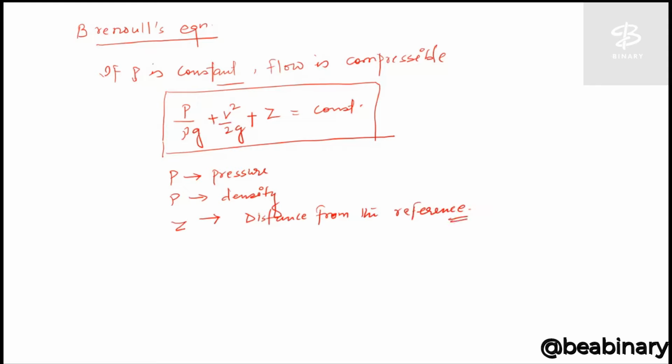Okay. So what are the assumptions when we are deriving the Bernoulli's equation? This equation can be derived when we are following some assumptions. I am writing down the assumptions. So assumptions are very important. First one is, the fluid is ideal.